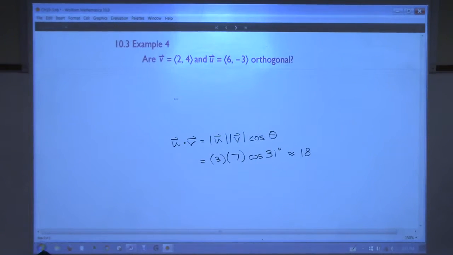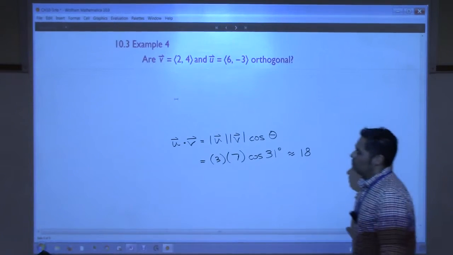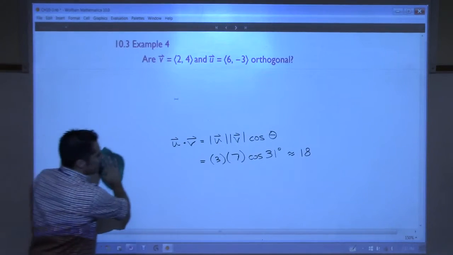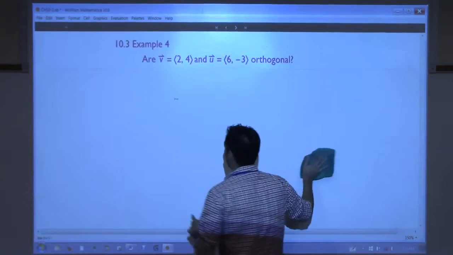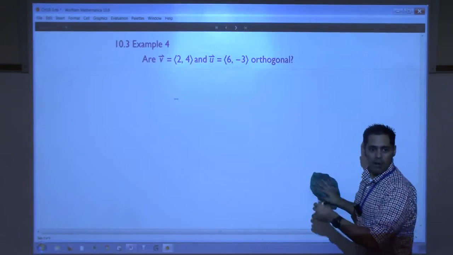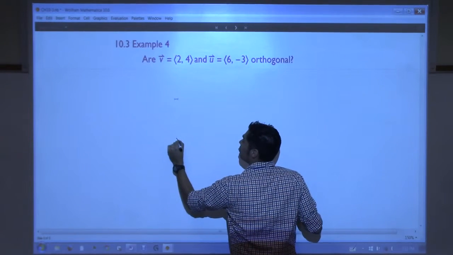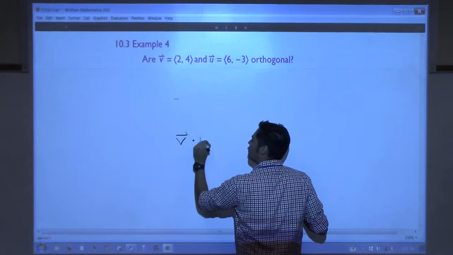Are these two vectors orthogonal or not? No? Why not? Okay, so all we have to do is check the dot product. Take the dot product, see if it's 0. Do I have to do U dot V or can I do V dot U?